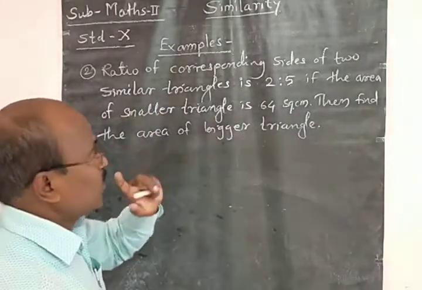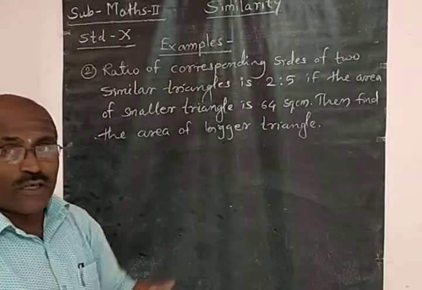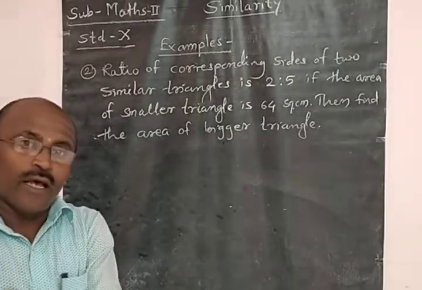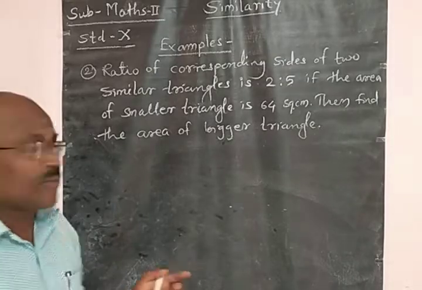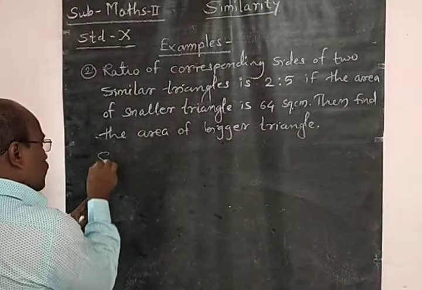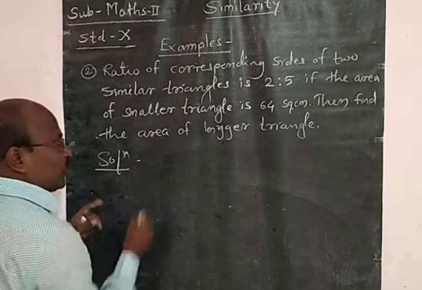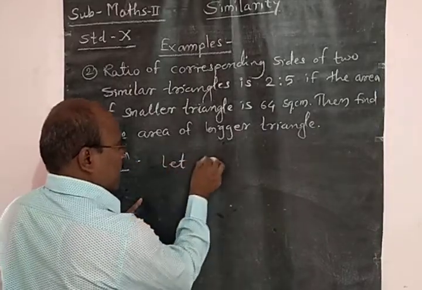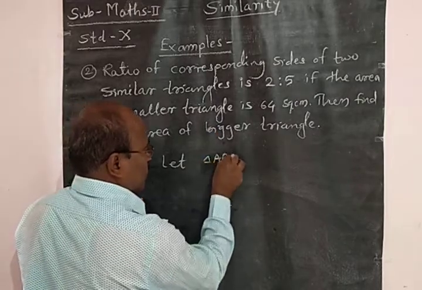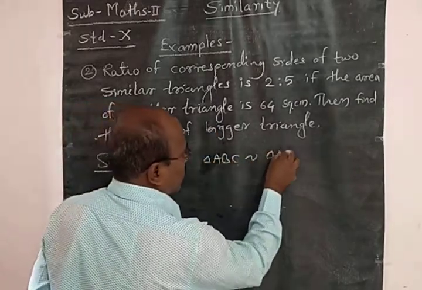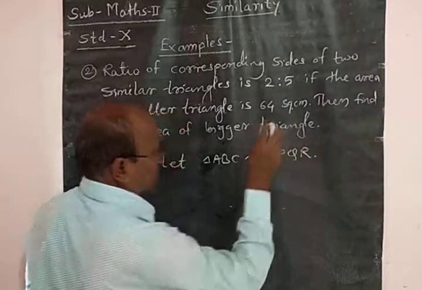Now here the names of the triangles are not given, so you can assume any two triangles which are similar. So we can assume here, let triangle ABC be similar to triangle PQR.